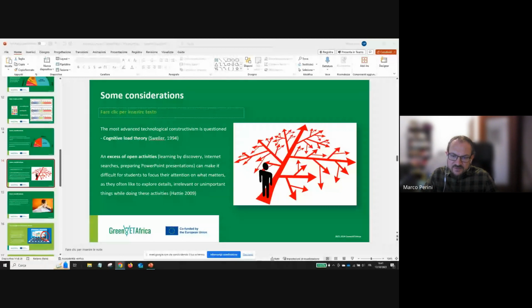For example, if we use teaching machines, a really old example, or something more modern nowadays, like virtual environments with virtual classes, or the use of didactical videos, we cannot think to leave the students alone during this process.